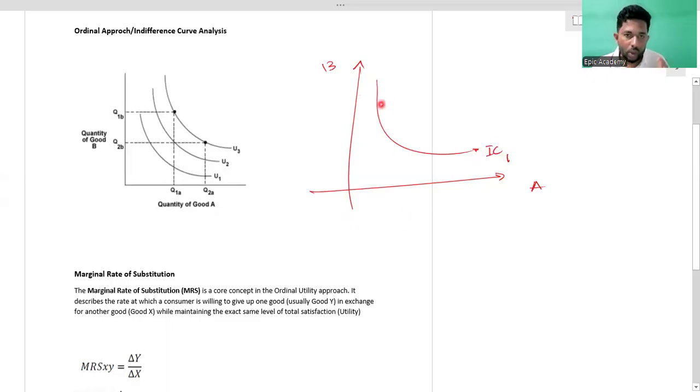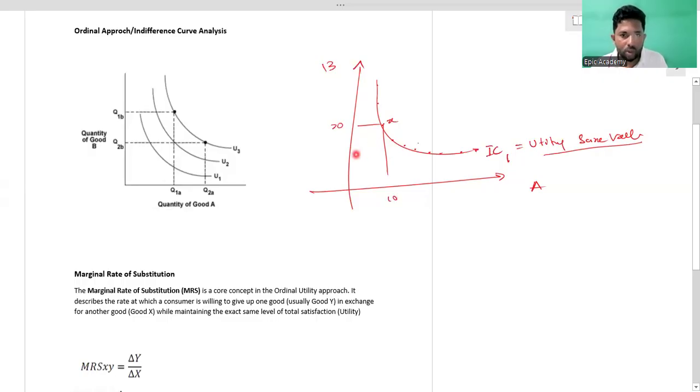If you are going to consume at each and every point on the IC curve, the utility has the same value. How does it happen? Like this. I point out this as X: consumption of B becomes 20, consumption of A becomes 10.